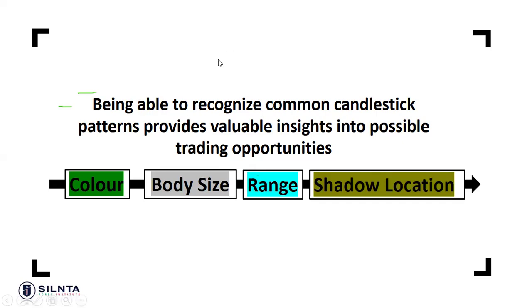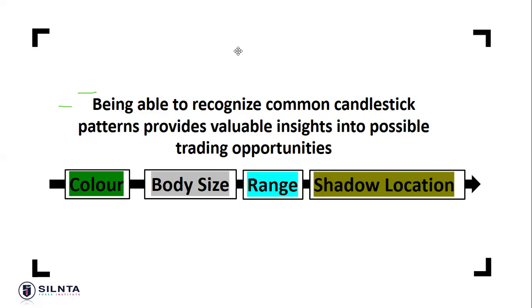What does a smaller body of a candlestick indicate? I think the smaller body represents that, if it's green, the buyers are not that strong. So in short, a smaller body indicates weakness. A bigger body indicates strength. Are we fine there? Yes.